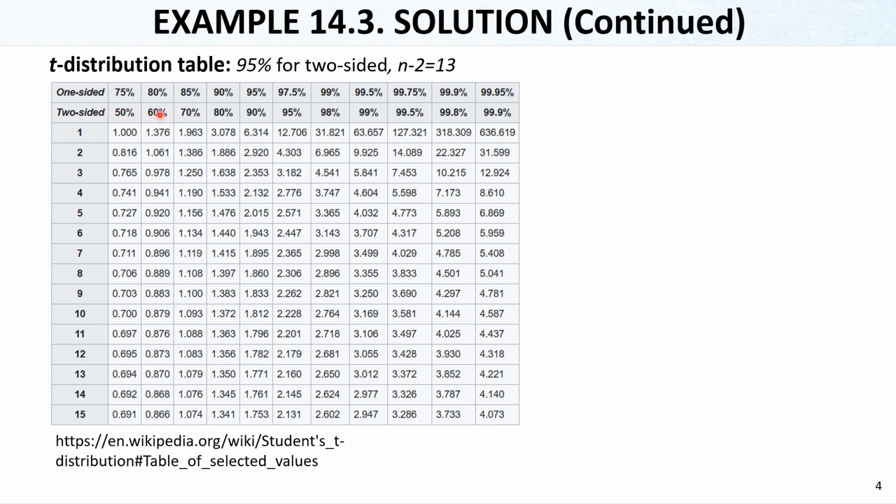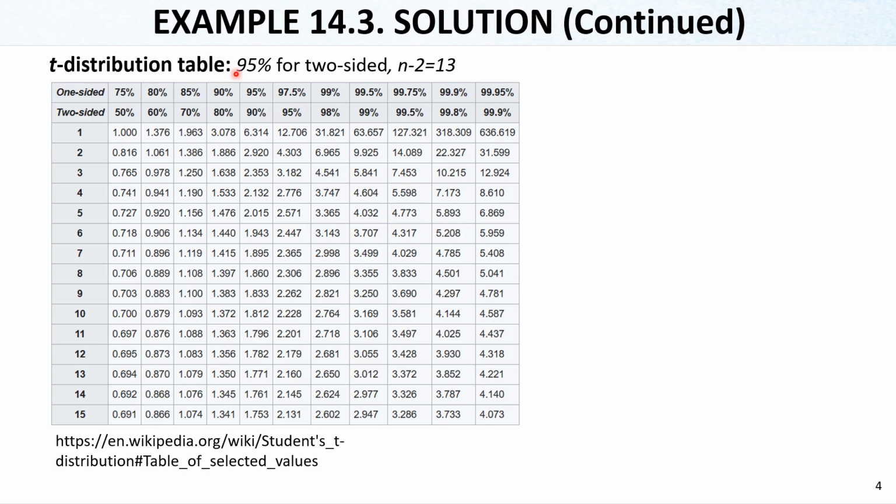And at the top, you see the significance level values, and we were using the 95% value, and we are using a two-sided confidence interval. That's why here we need to focus on the two-sided one, this one. But if we consider one-sided, then this 95 becomes alpha divided by 2, and from there we have 97.5%. So you can think of each case separately, but these will give the same result.